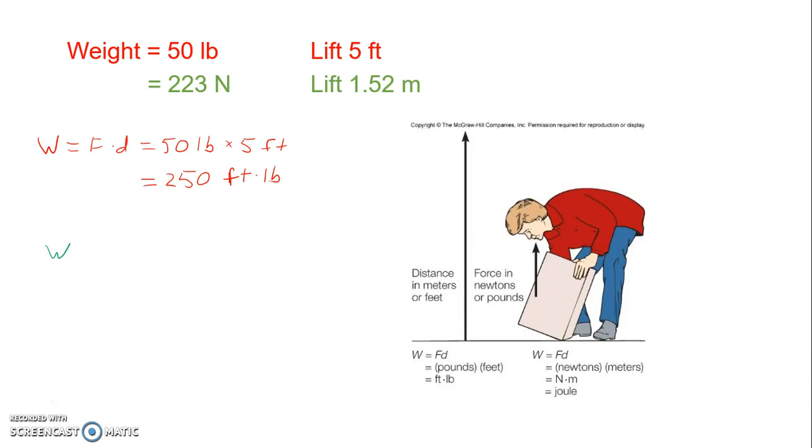So that amount of work would be force times distance, 223 newtons times 1.52 meters, would give us a total of 338.96 joules. That is how much work is needed to lift that object off the ground and raise it to a height of 5 feet or 1.52 meters.